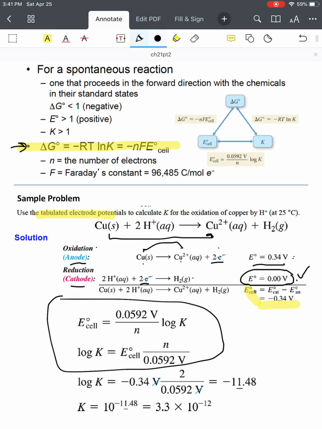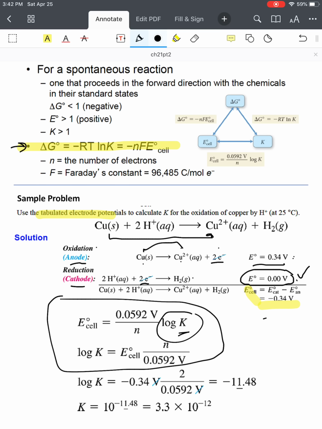Basically any of these, okay? And then I plug in my numbers. My one equation of interest here is that the E0 cell is equal to 0.0592 divided by n times the log of K, which is my equilibrium constant, isn't it? So I plug in what I know and try to solve for that, basically, okay?